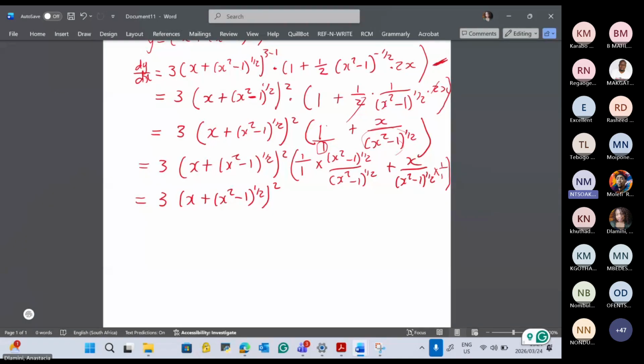Yes, 2x is the derivative of the inner function. So it makes the whole steps from there be wrong, because at the end you are supposed to multiply by 2x, 1 over 2, and then that one also was supposed to be multiplied by 2x.